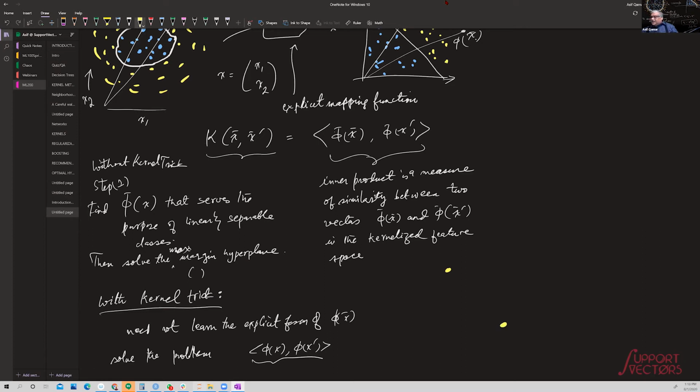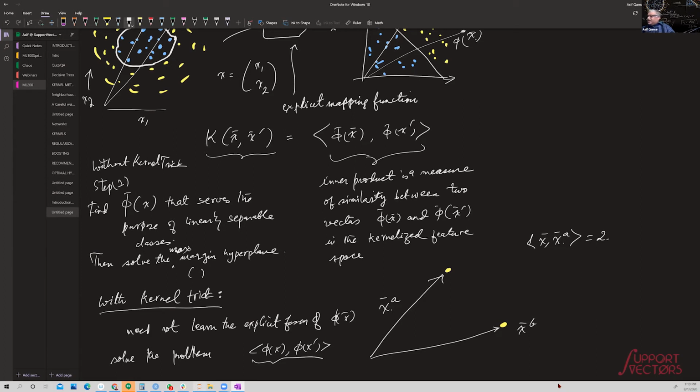This vector, let me call it xa, and this vector xb, right? Suppose I tell you that there is a point x whose dot product with xa is 2. What can you tell about it?